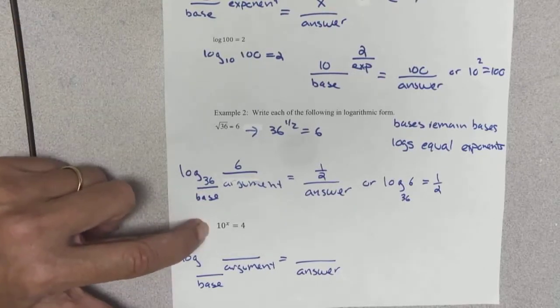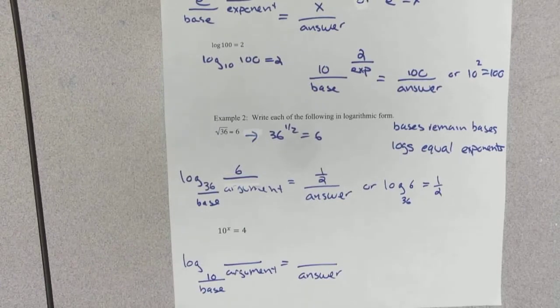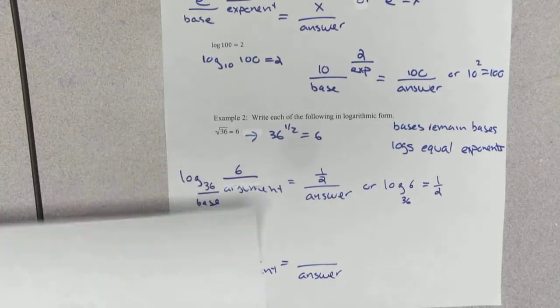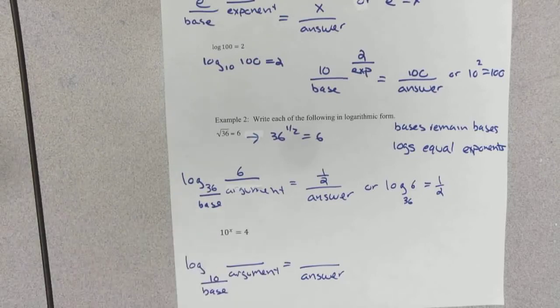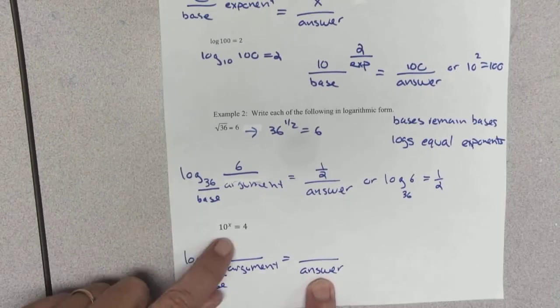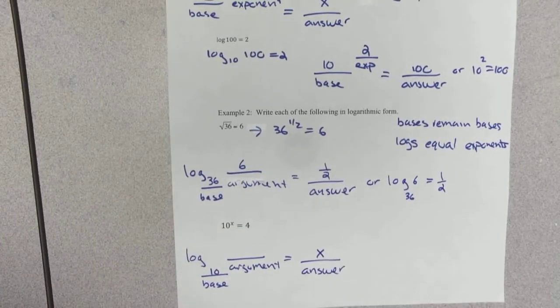The base of my exponential statement is 10. So that's the base of my logarithm. Logarithms equal exponents. My logarithm is equal to an exponent. So my log has to be equal to x.